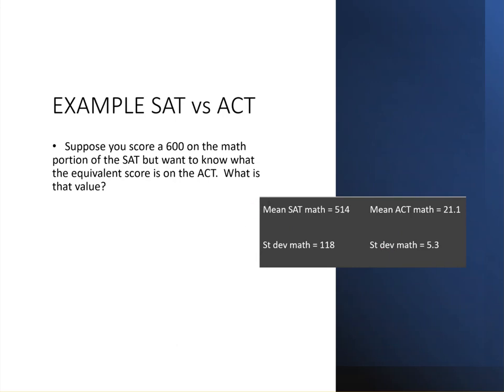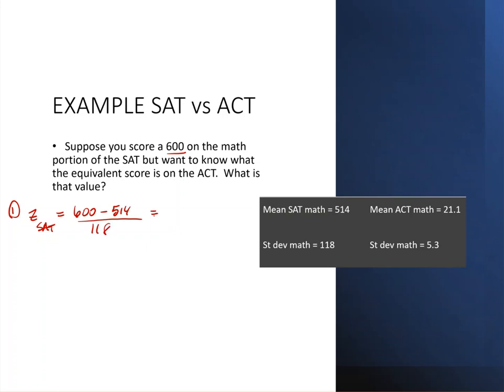So the first thing I need to do is figure out what's the z-score for my SAT. The z-score for my SAT can be found by taking the actual score I made minus the average SAT score, which is 514, divided by the standard deviation for the SAT, which is 118.